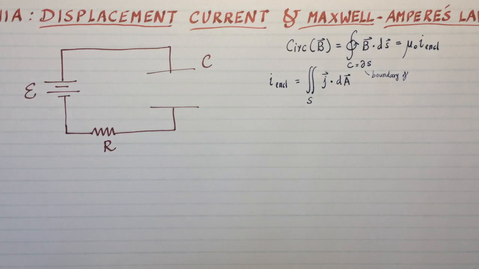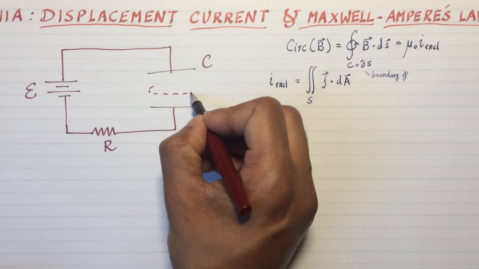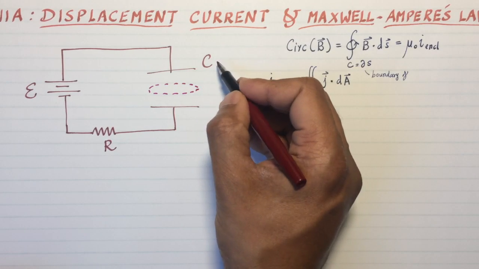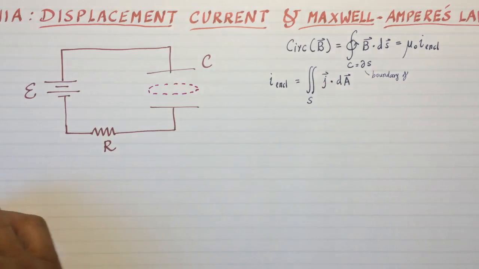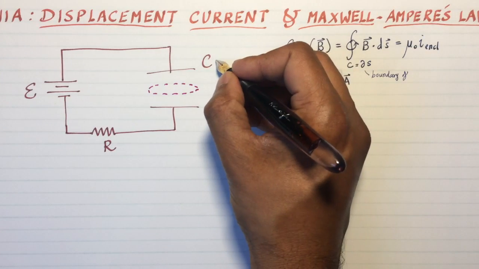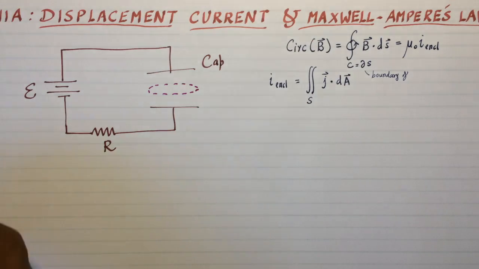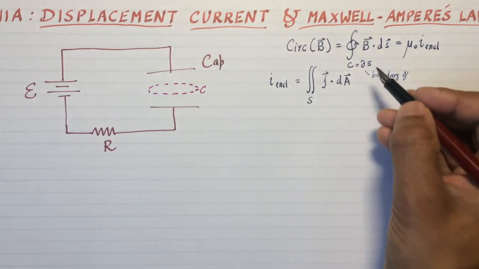This is where Maxwell found that Ampere made a mistake. So let's suppose that we have a capacitor that's charging, and I'm taking the curve C. I apologize for this double usage of the word C. That's a capacitor, so maybe I should call that cap, with capacitance C, and then this here is the curve C that we're talking about.